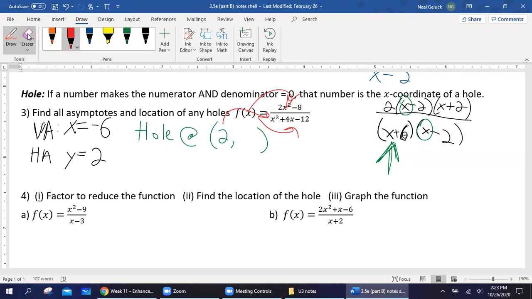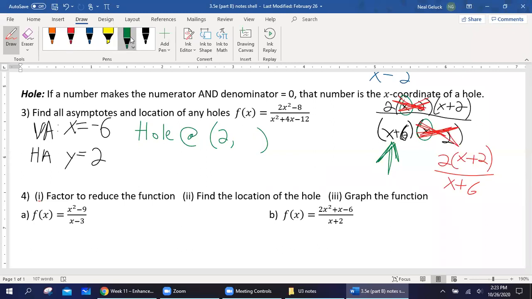That doesn't make sense. So here's what we have to do on these. We have to take our factored form, cancel out the factor on top and bottom that's causing it to be 0 over 0. That would leave me with 2 times x plus 2 over x plus 6.